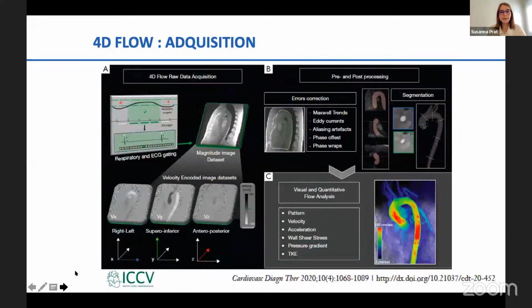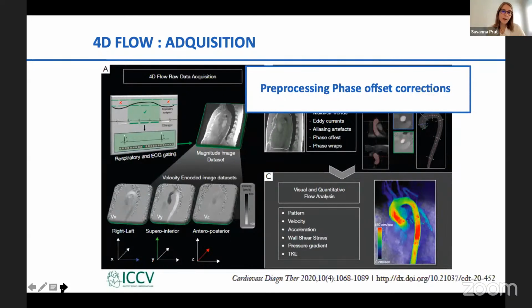Once we do the acquisition, this is a scheme that first shows the acquisition data from the scan. And there is another important step, because we have to correct errors. This is more technical: there are eddy currents, aliasing artifacts, and all of this. There is a step that we call pre-processing, phase offset correction, usually done in the same software.